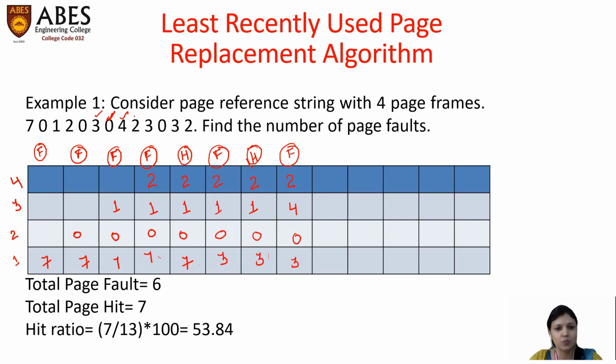Next value is 2. 2 is present in the memory frame, so it is a page hit. Next value is 3. 3 is also present in the memory frame, so it is also a page hit. Next value is 0. 0 is also present.